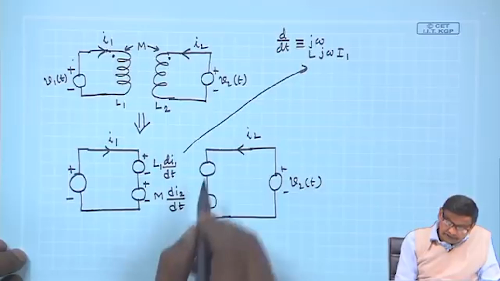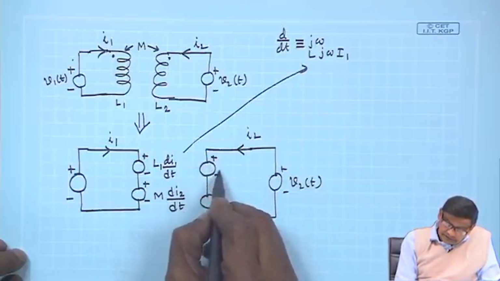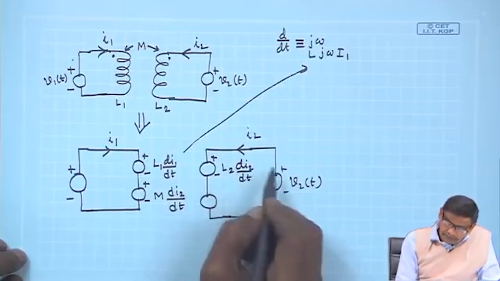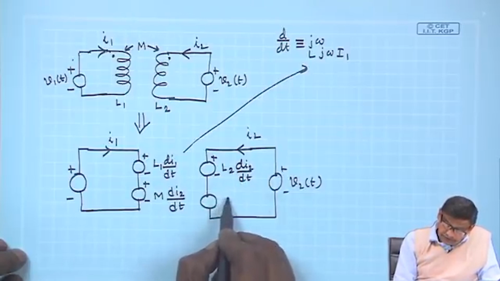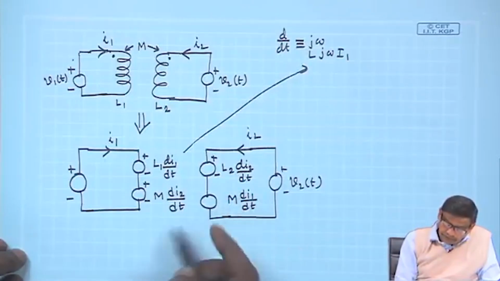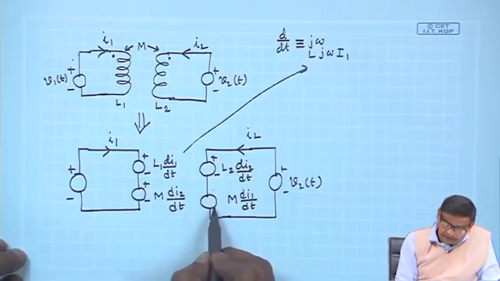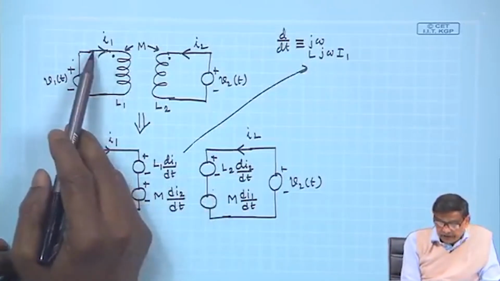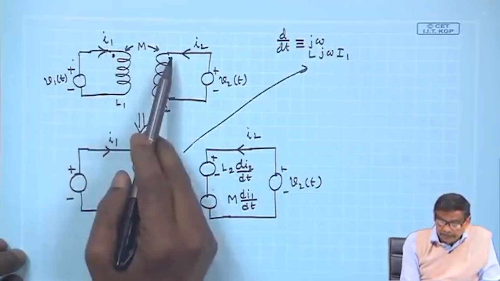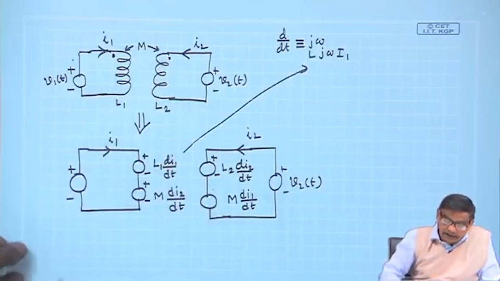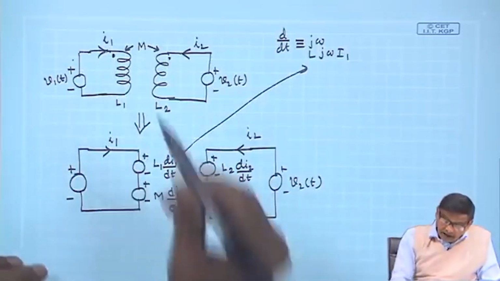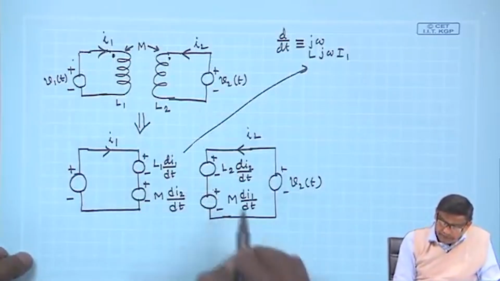So, I2 is entering through, so this will be L2 dI2/dt self inductance, and plus mutual inductance will be M dI1/dt. Now, we have to decide where to write plus minus. See, through the first coil I1 is entering through the dot, then because of mutually induced voltage in the second coil, it should be M dI1/dt with upper side plus, that is the thing.